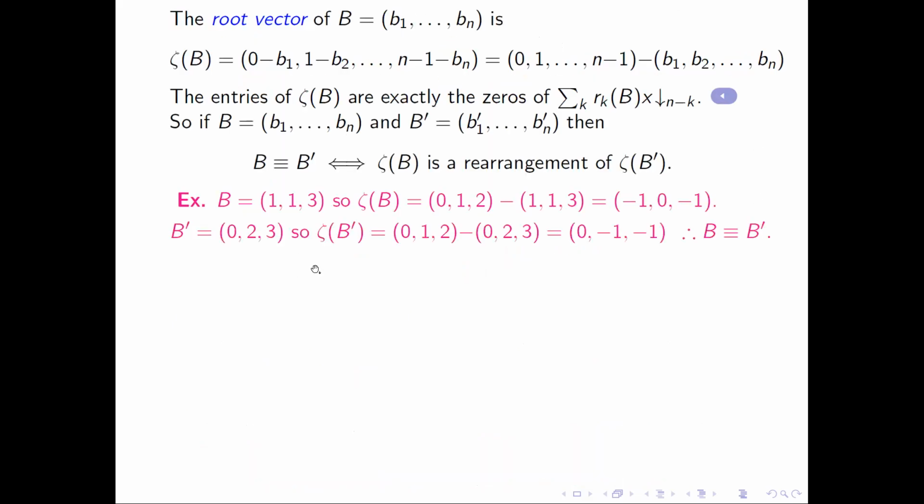Okay. So B prime equals 0, 2, 3. That was Rook equivalent to B, wasn't it? We just saw that on the previous slide. And the root vector of B prime, of course, I get by going 0, 1, 2 minus 0, 2, 3.